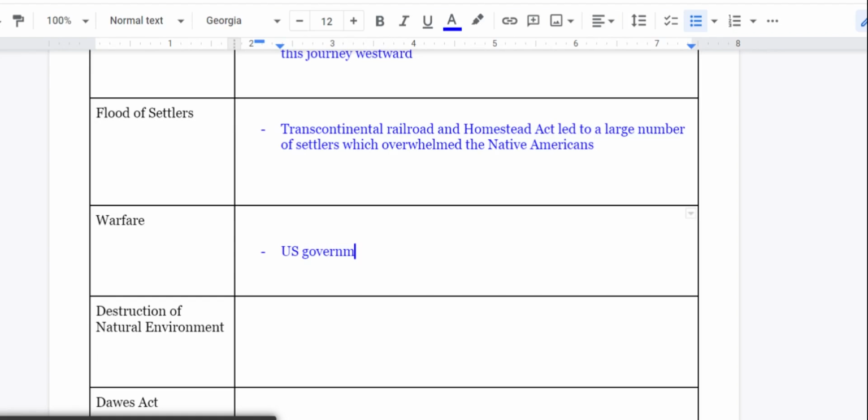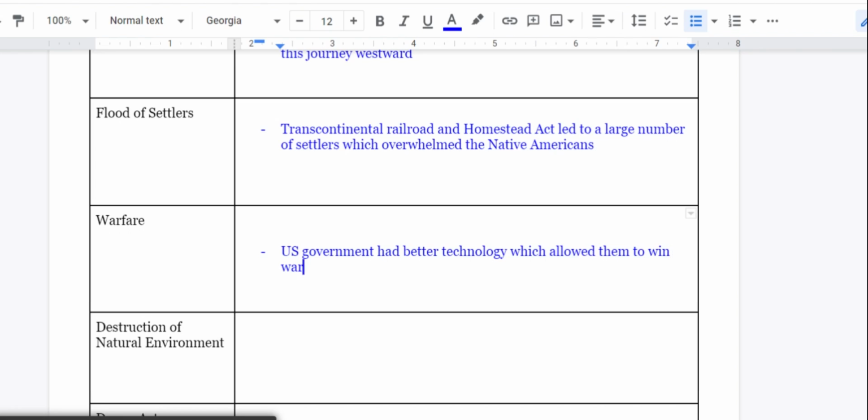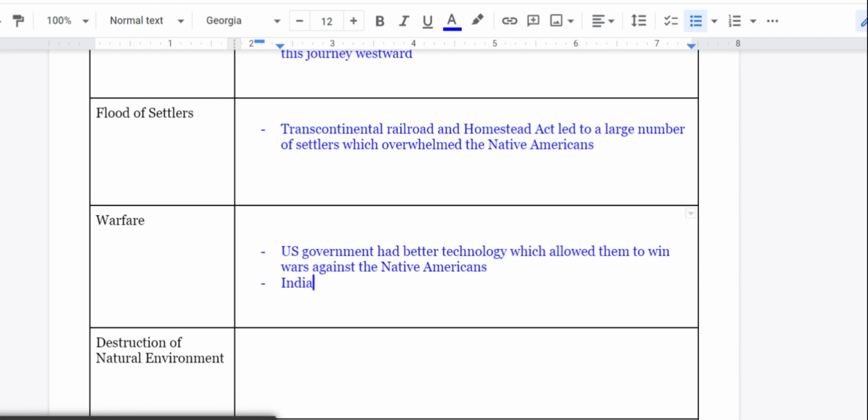The U.S. government had better technology, which allowed them to win wars against the Native Americans. This especially includes the Indian Wars that we talked about, which lasted from about 1860 to about 1890.